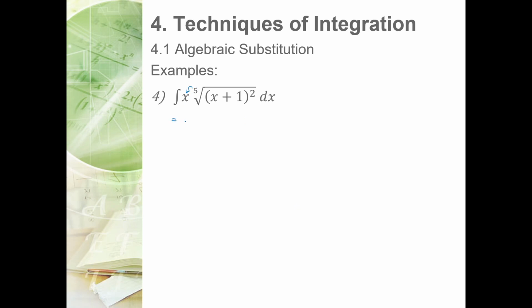It should be x to the power of 5 times the square root of (x plus 1) squared dx. So that's the correct one, but z is still a radical expression.